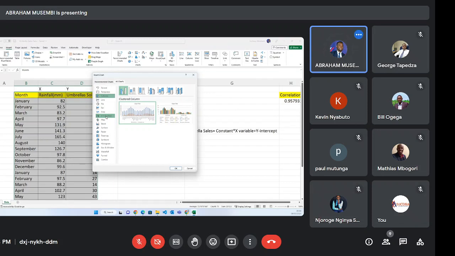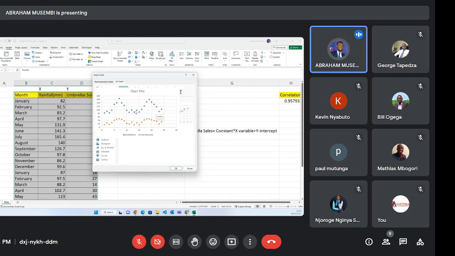distributed. Okay, so we go to scatter plot, and for our case we will need this one, like this linear scatter plot. Let me just choose this and see what you will see.